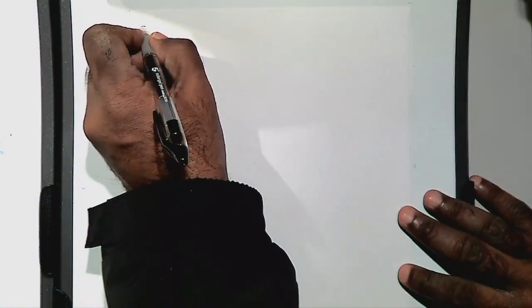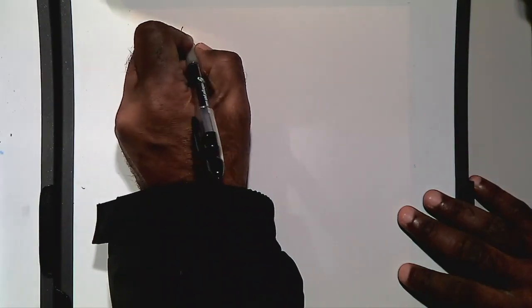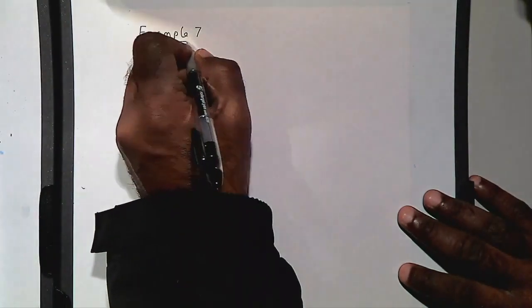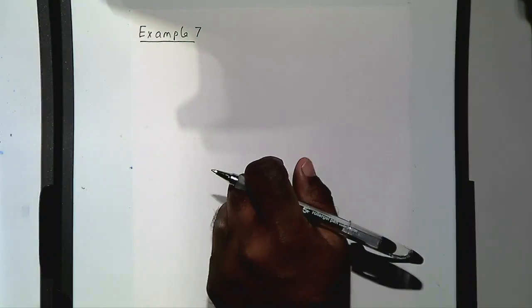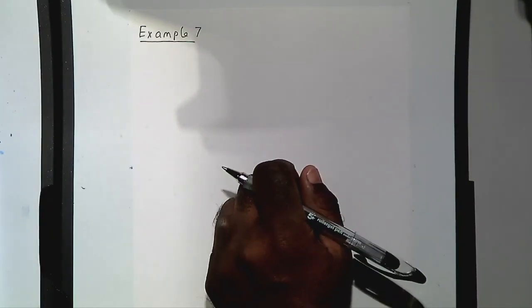So I hope all the examples I'm doing and will be doing in the future will help you to learn this course better. Next one, example 7. You okay, guys? Any questions so far?